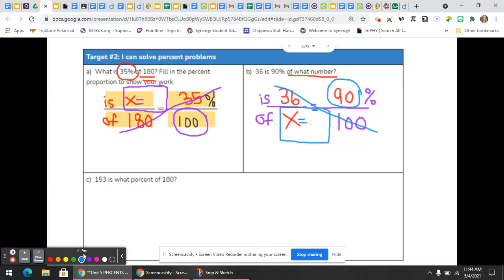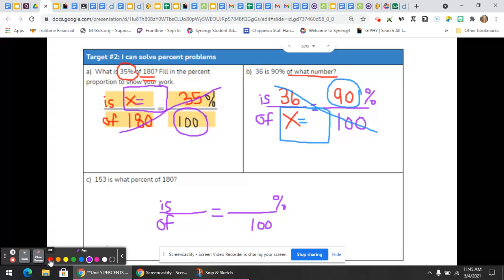Letter C, we are going to use our percent proportion to set up. Once again, percent over 100, part over whole. So is my part, of is my whole.